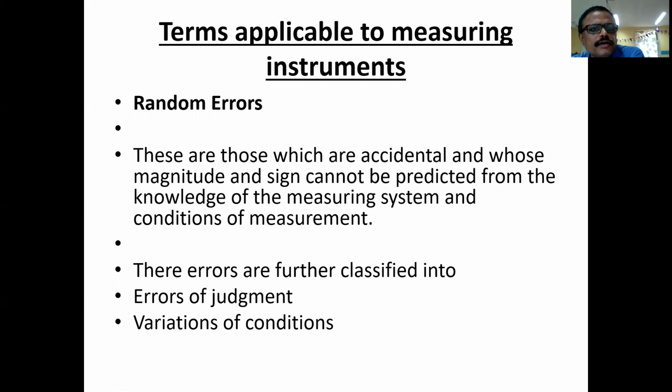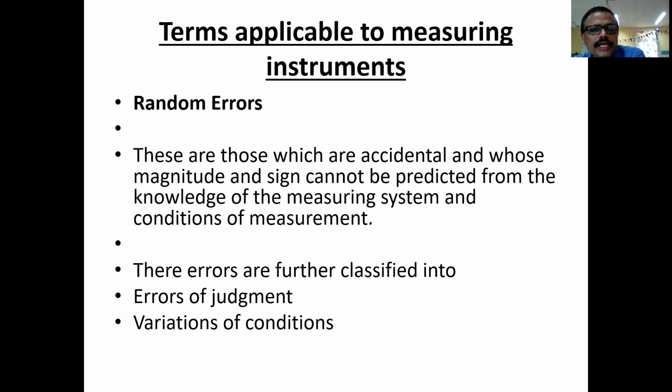Then there are other errors, random errors. These happen, we don't actually know the exact cause, we will not know why random errors happen. These are the errors which are accidental in nature and whose magnitude and sign cannot be predicted from the knowledge of the measuring system and conditions of the measurement.